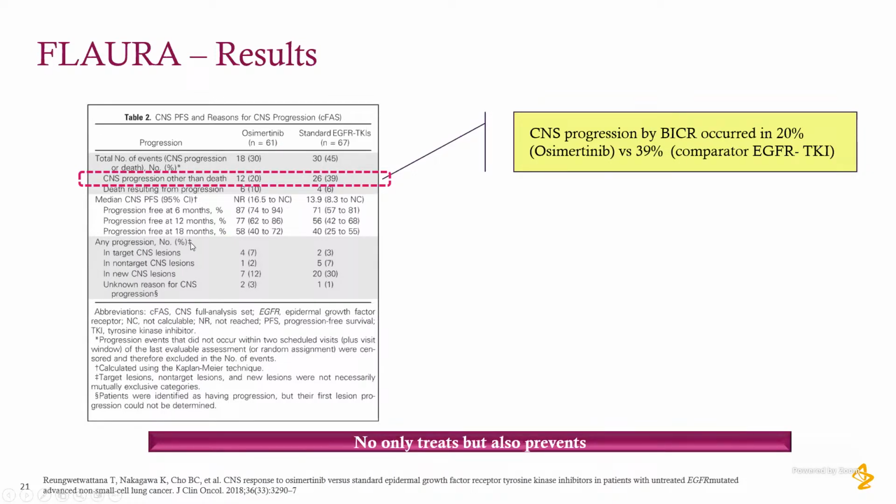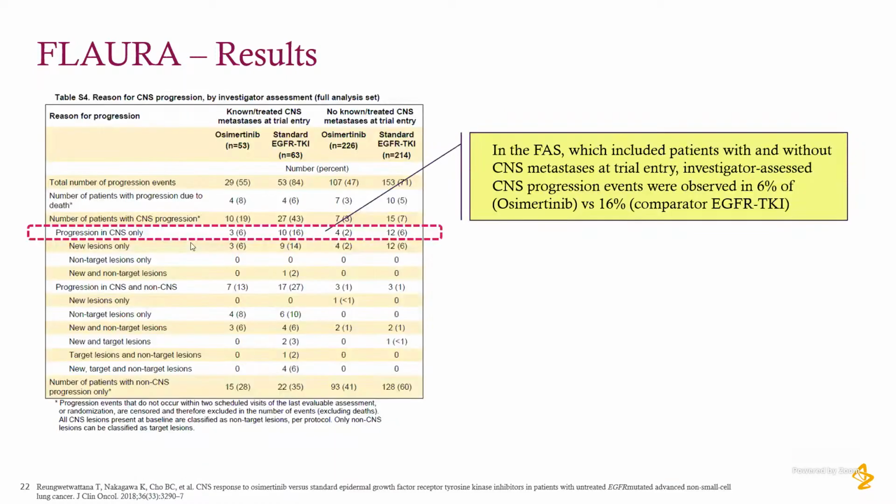CNS progression is much less, almost half, at 20% if the patient is receiving the third generation TKI, and almost double, at 39%, in the first generation TKI.